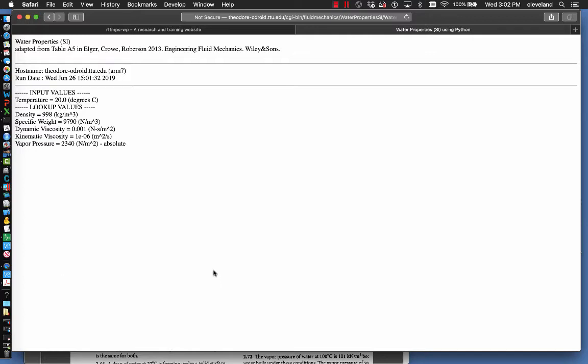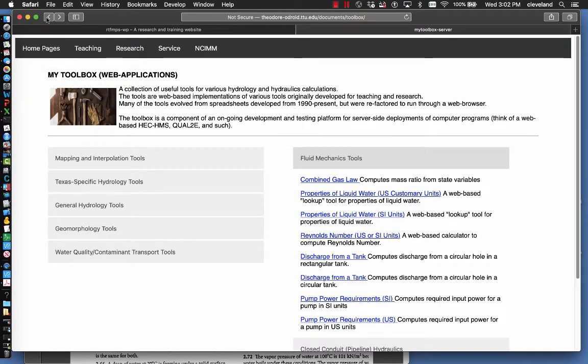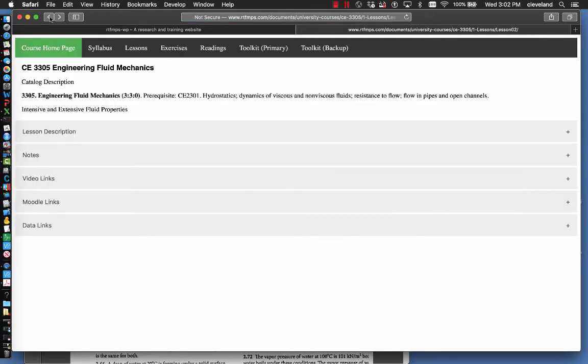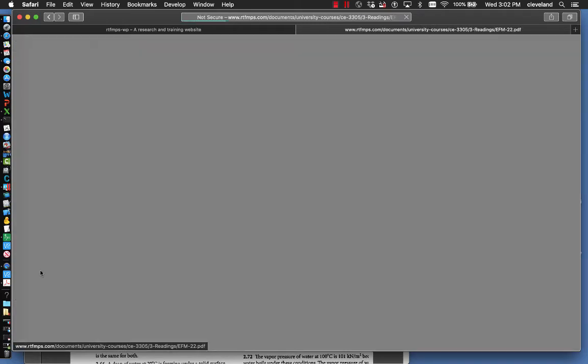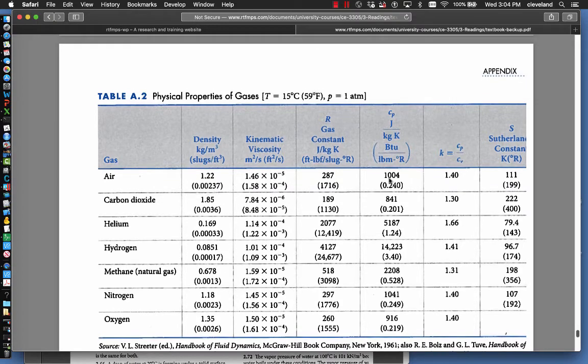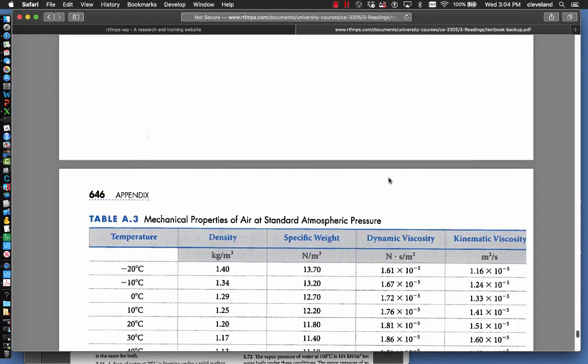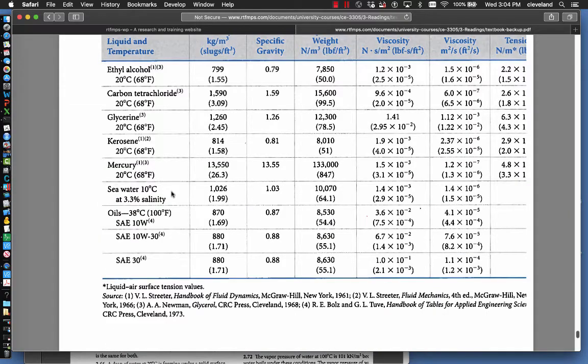That's a weakness. So we will go back to the readings and see if we can find that. All right, we're looking for surface tension.